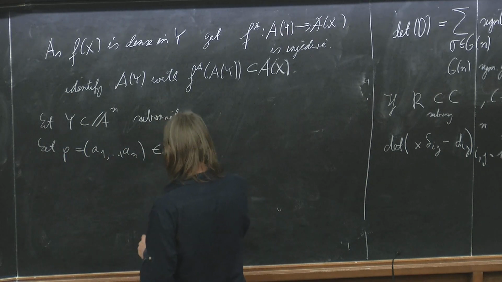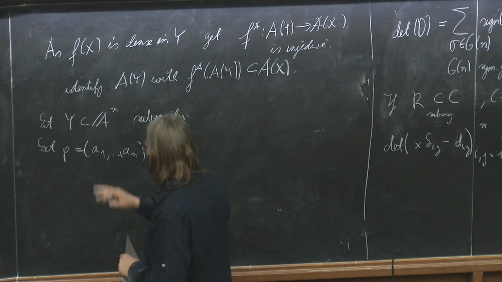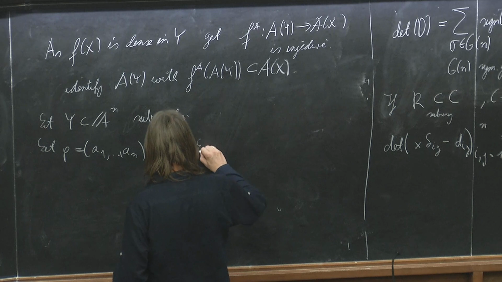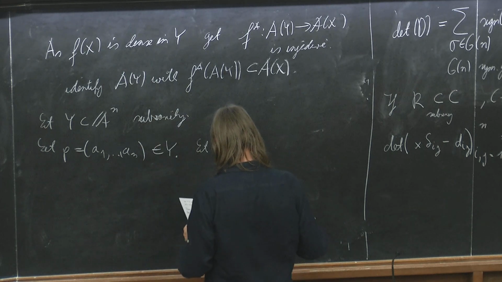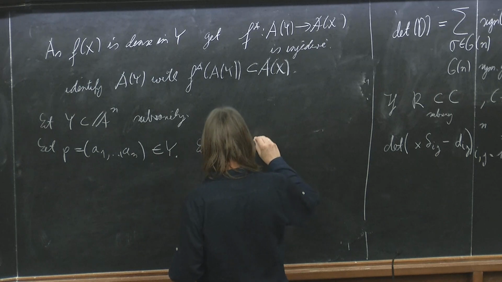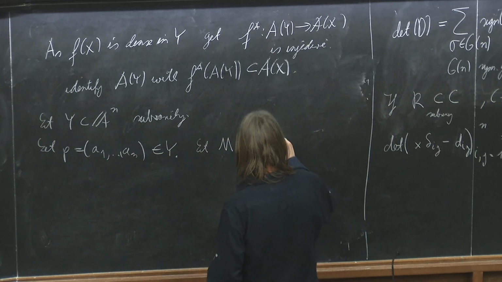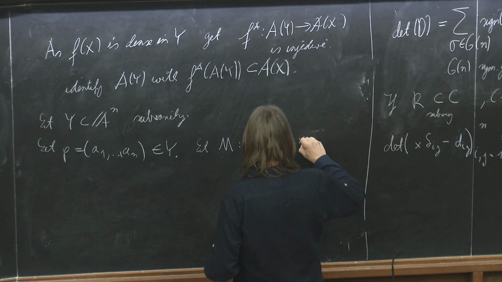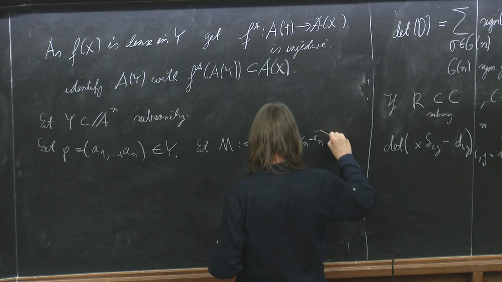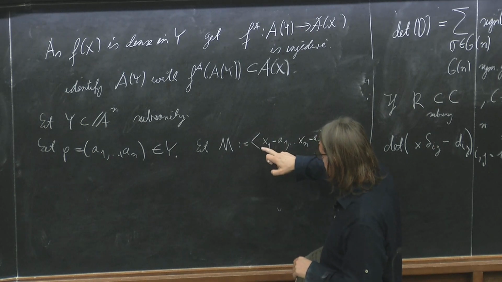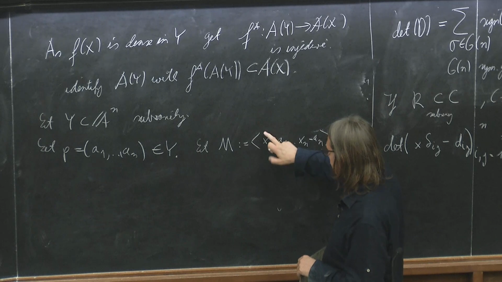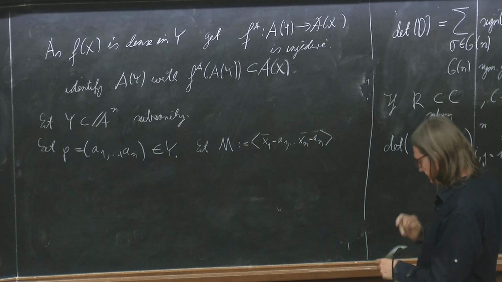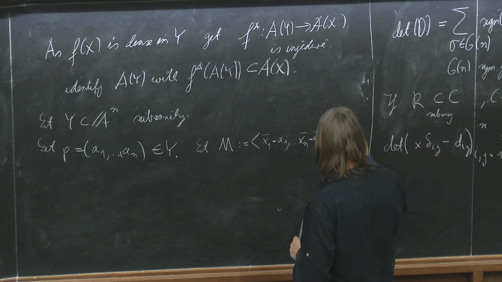So let's look at the ideal of functions which vanish there. So for instance, we put M equal to the ideal generated by x1 minus a1 until xn minus an. Here I really mean I take the class in AY of this, and I look at this ideal, which is an ideal in AY.